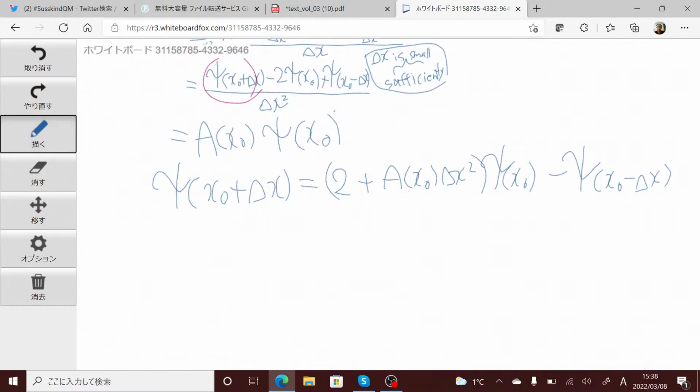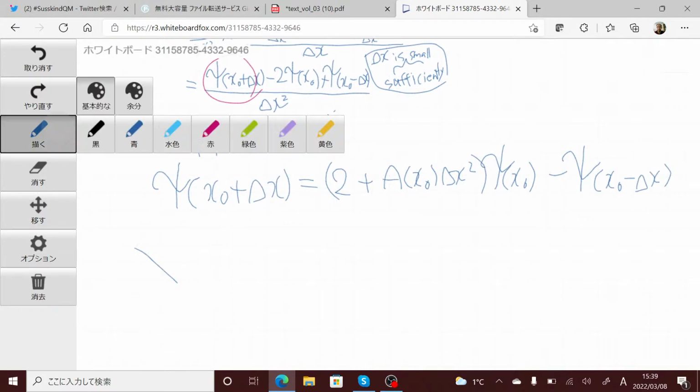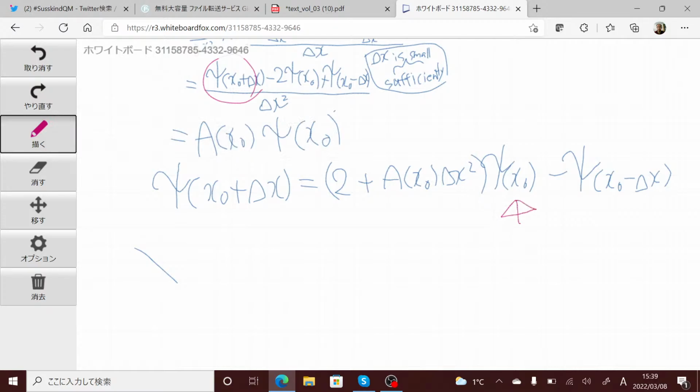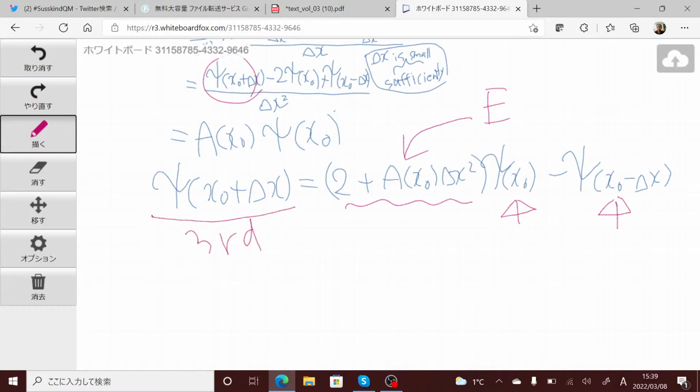So if we know 2 points, this and this, then if we have a Schrödinger equation to solve, or if you put any energy value here, any value for energy, if you have 2 points inside, then we can find the third point. If we know 1, 2, then we know 3.